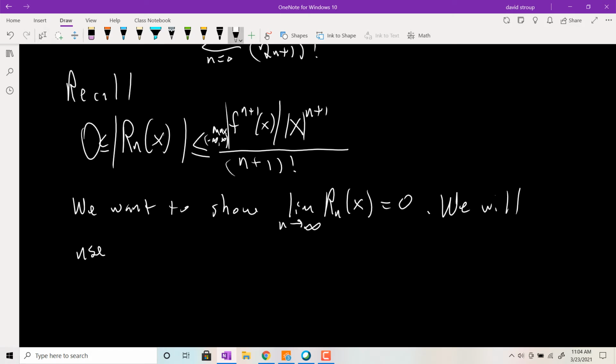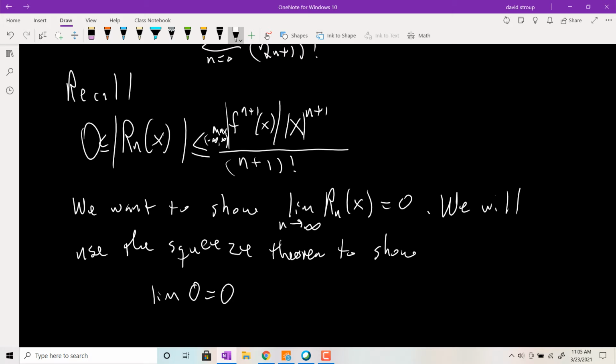We will use the squeeze theorem to show that the limit of the left-hand side, which is 0, equals 0, and that will equal the limit of the right-hand side.